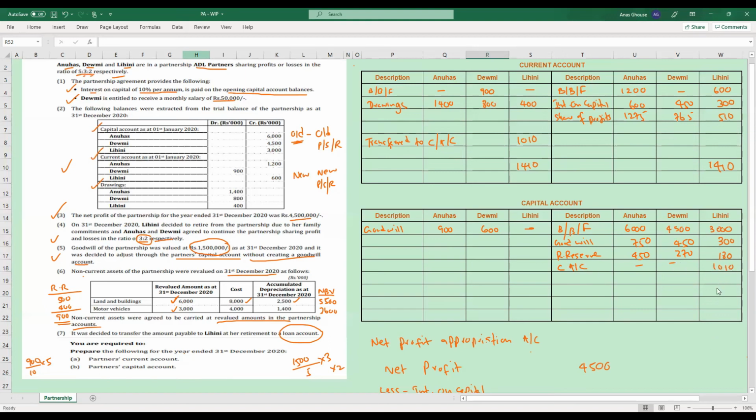Then her total will be 3,300 plus 180 plus 1,010. The total will be 4,490, which means in millions, 4,490,000. This will be transferred to the loan account. And we'll take the rest of the balances.